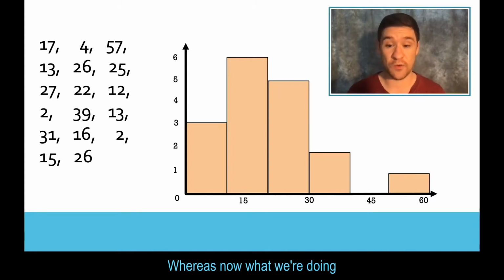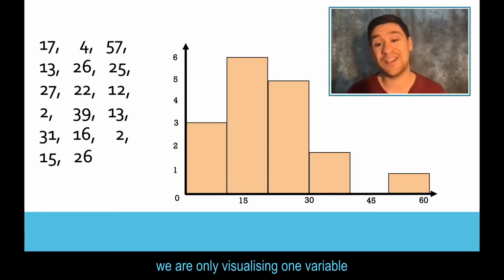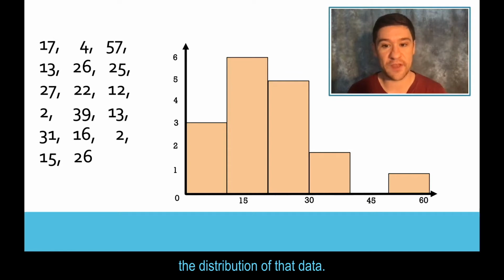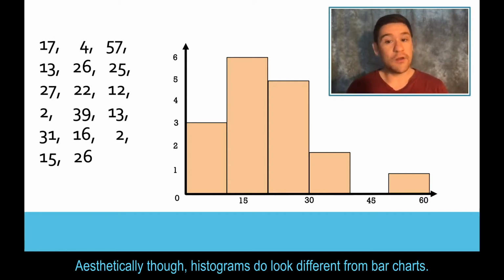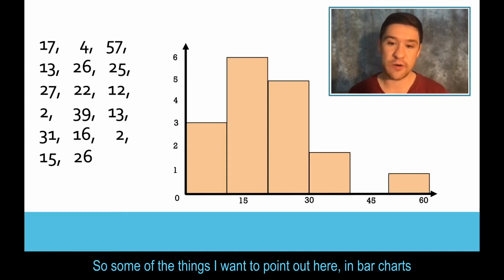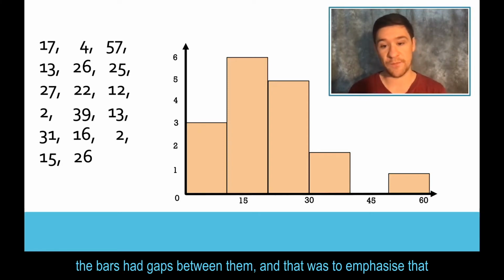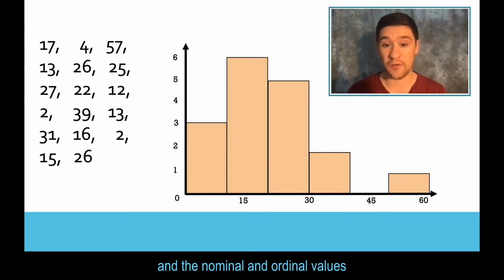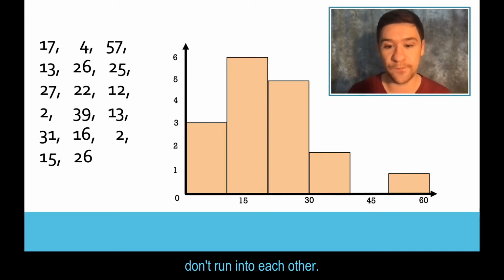Whereas now we are only visualizing one variable and its relationship to itself, its shape and spread, the distribution of that data. Aesthetically though, histograms do look different from bar charts. In bar charts, the bars had gaps between them, and that was to emphasize that you were dealing with nominal or ordinal data, and the nominal and ordinal values don't sort of run into each other.